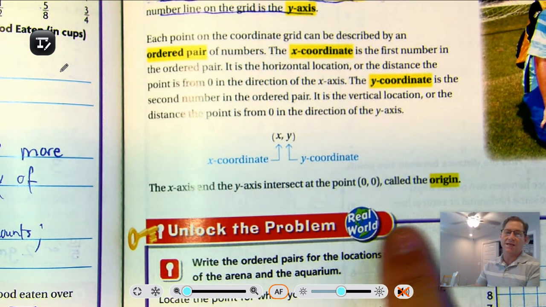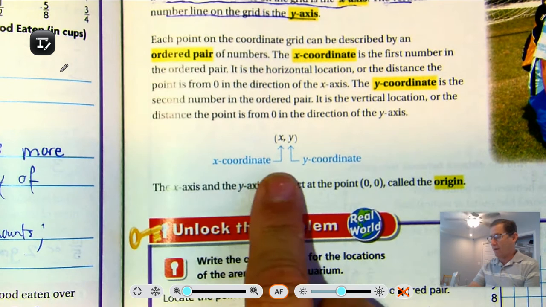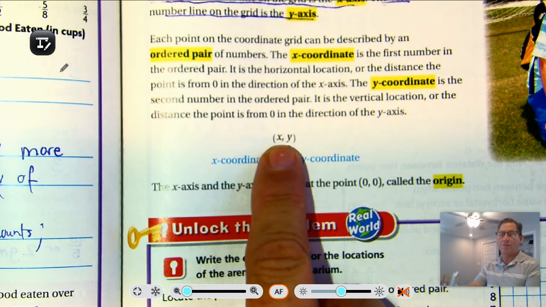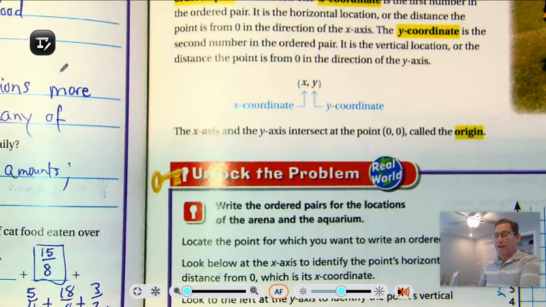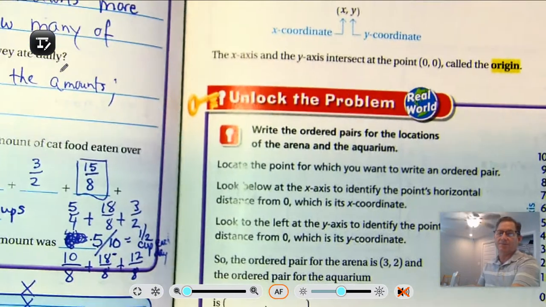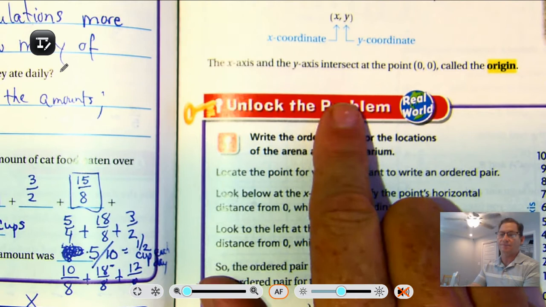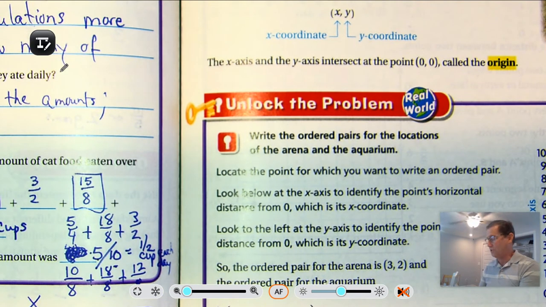It is the vertical location, or the distance the point is from 0 in the direction of the y-axis. When we write our ordered pair, we write parentheses, the x coordinate, comma, then the y coordinate. The x coordinate is listed first. The x and y axes intersect, come together, at the point 0, 0, and that's called the origin.